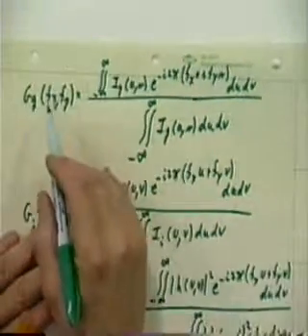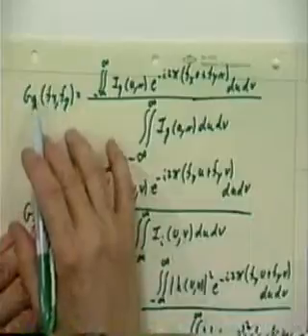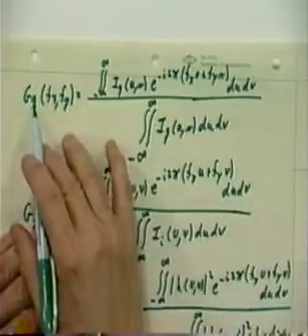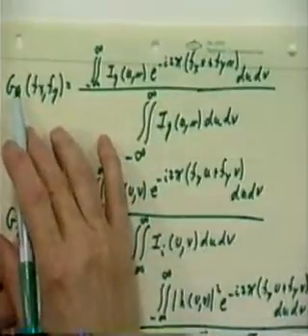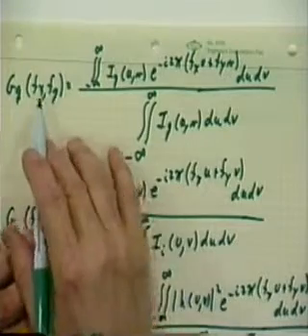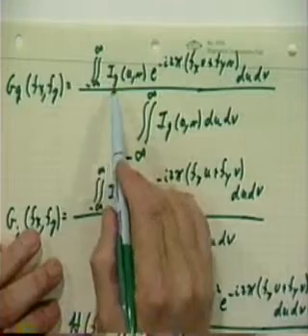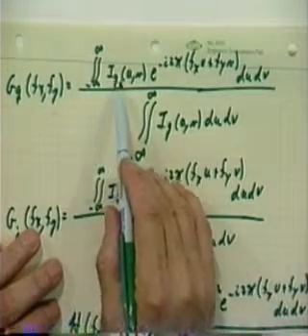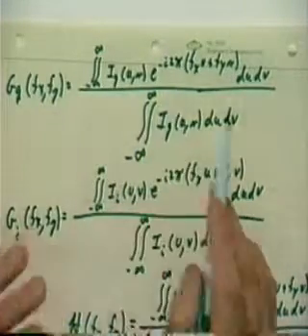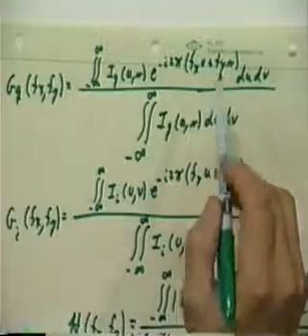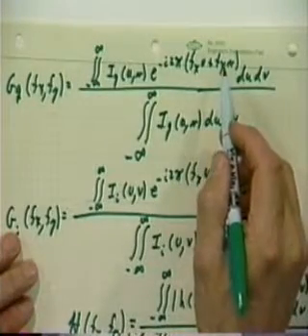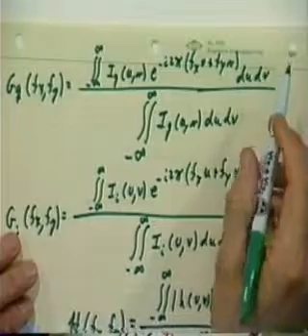And so last class we wrote down that the spatial frequency content of the geometrical image, G sub G, as a function of frequency, was equal to the integral of I sub G of u, v, e to the minus i 2 pi (f sub x u plus f sub y v) du dv.